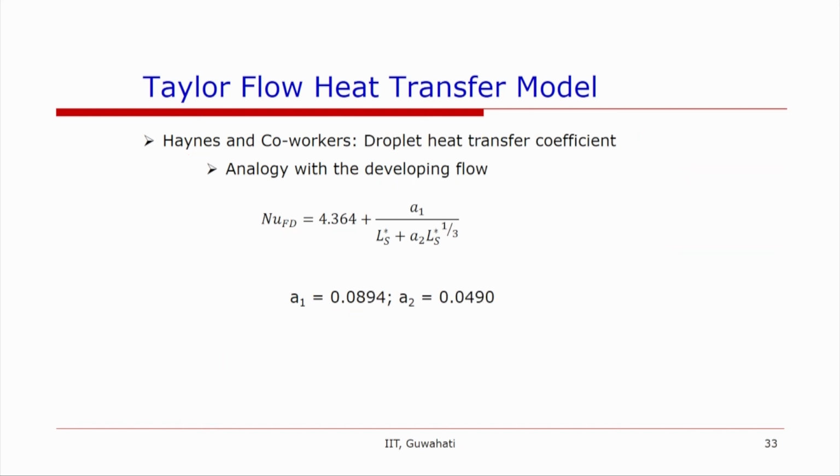Using similar arguments, they have also obtained a relationship for this, which is not fully developed. So, this is film to droplet. The Nusselt number is 4.364, the same correlation, but A1 and A2 are the same as for liquid only flow.